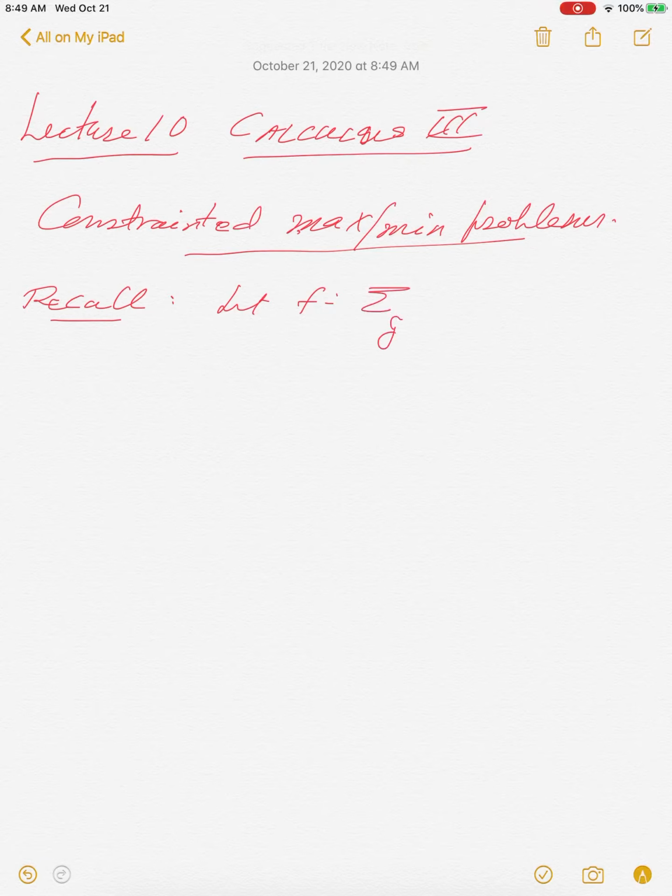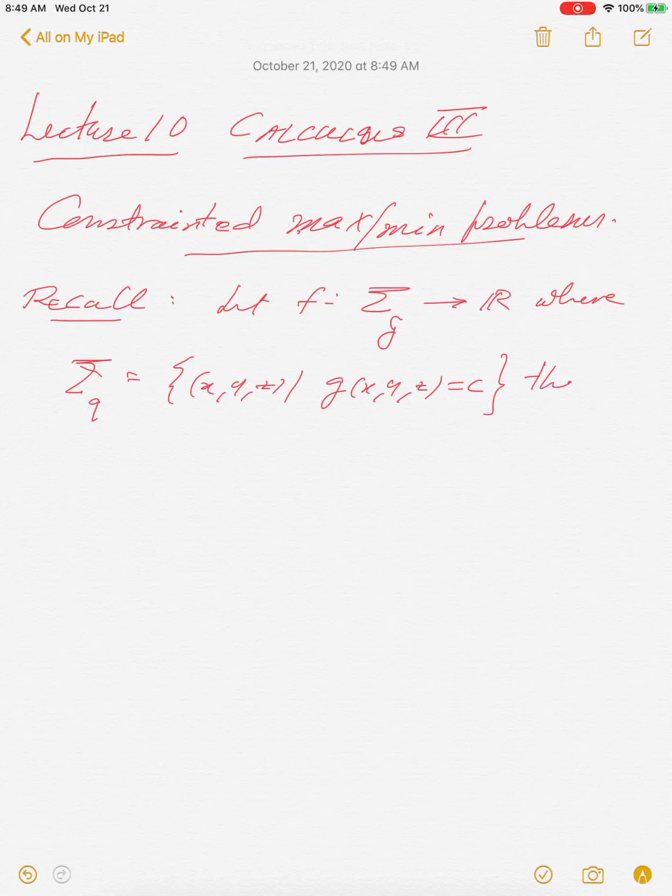So let me call f a function from sigma g to R, where sigma g is the surface of xyz such that g of xyz is a constant. So this is a level surface. Then we want to find the max.